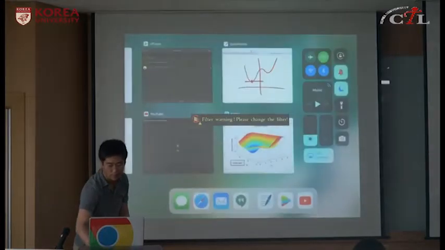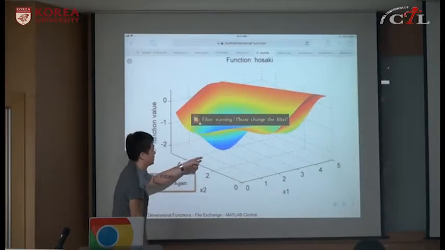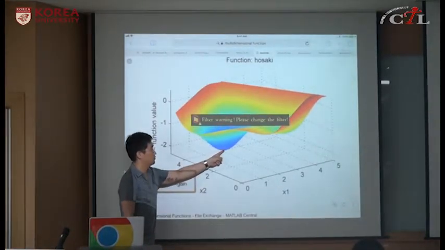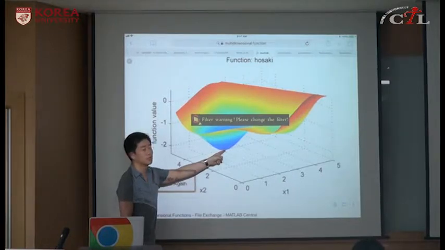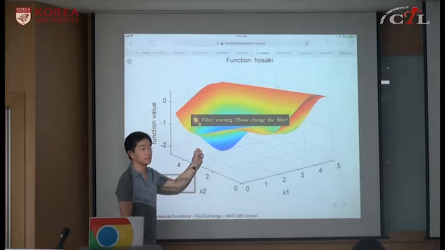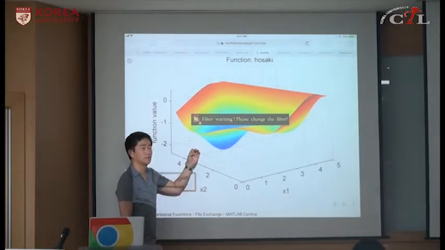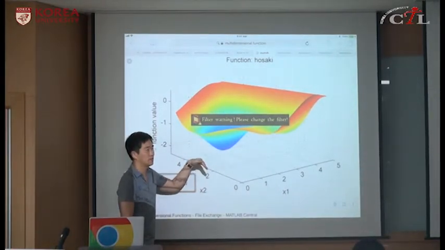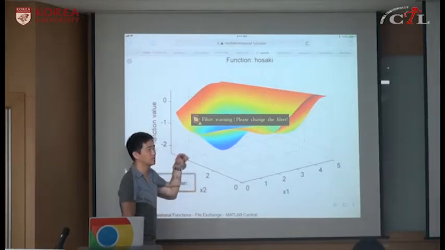Similarly in this figure, if we arrived at this point, the slope will be 0, because there is no downhill from that point.